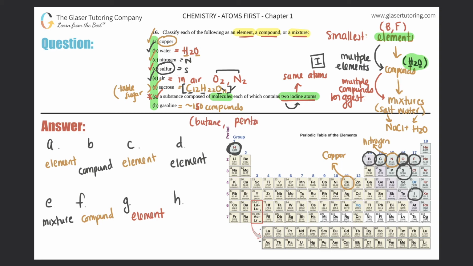Pentane would be another compound. Benzene. Each one of them has its own distinct chemical composition. Butane is C4H10. Pentane is C5H12, and benzene is C6H6. But there's 3 different compounds coming together to form gasoline. I just wrote 3 here, but there's actually about 150 compounds that come together to form gasoline. Crazy. So, since that's the case, gasoline has to be a mixture.